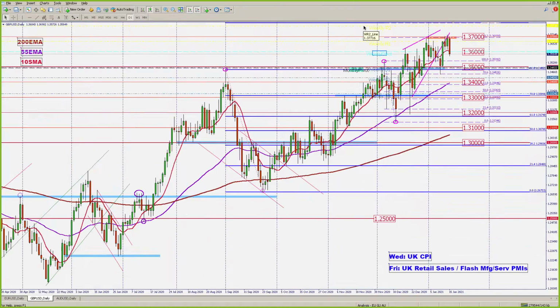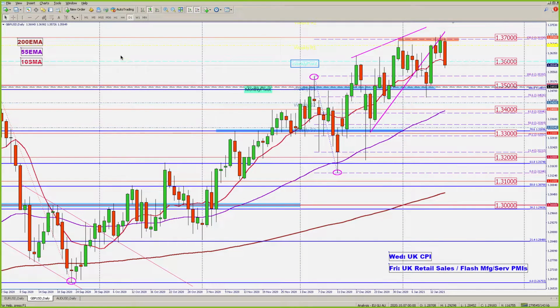All right, let's take a look at the cable, where the cable has also fell below the ascending wedge earlier, but then made a strong recovery on the Tuesday to retest the 137.00 area, and also right at the lower trend line of the ascending wedge, but then finally gave way and resumed its fall from Friday.